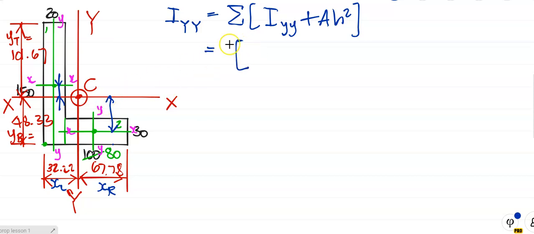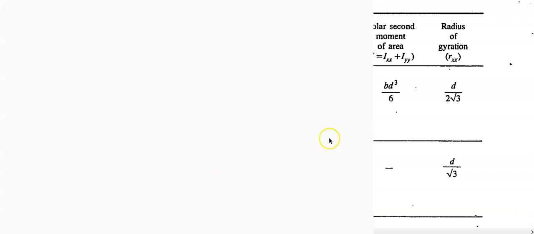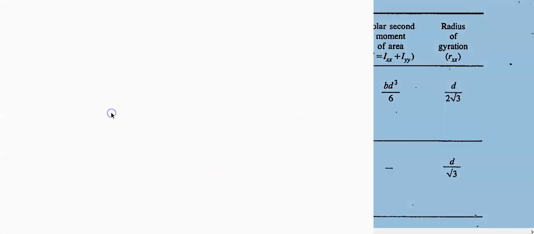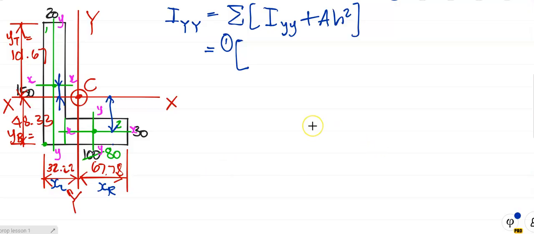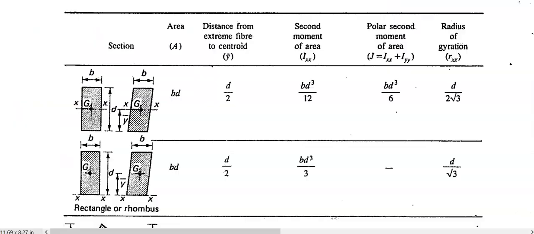Right, I'm doing element number 1. What's the formula for the second moment of area of a rectangle? If I go to my table there, it is b d cubed over 12.